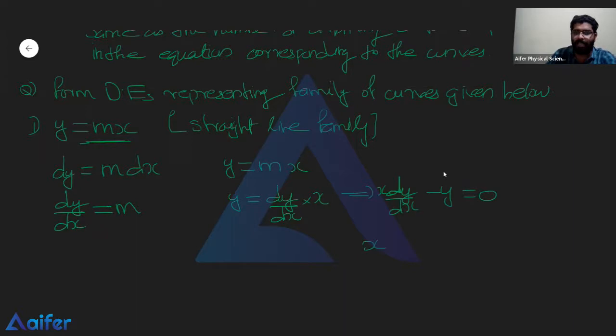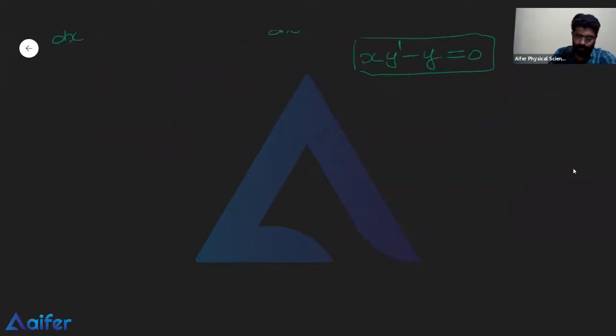That is x y prime minus y equal to 0. This is the differential equation corresponding to this family. Through differentiation we can eliminate this constant. Okay, we have one more example.